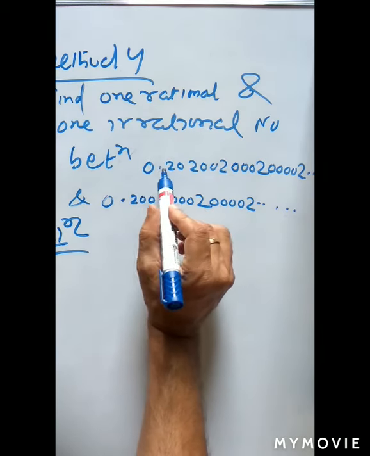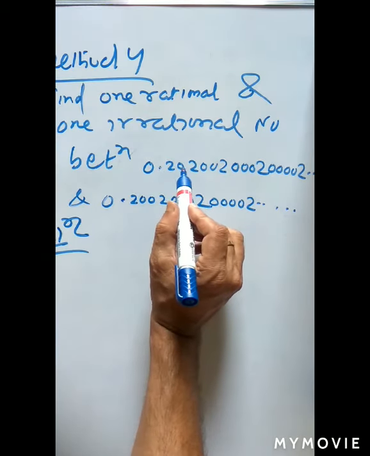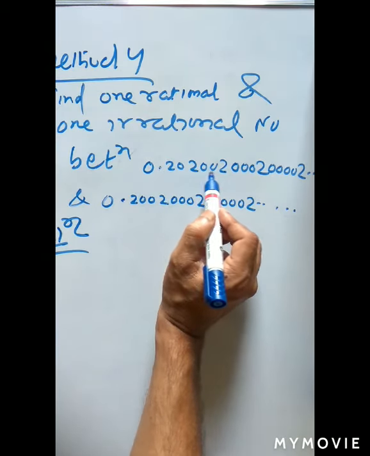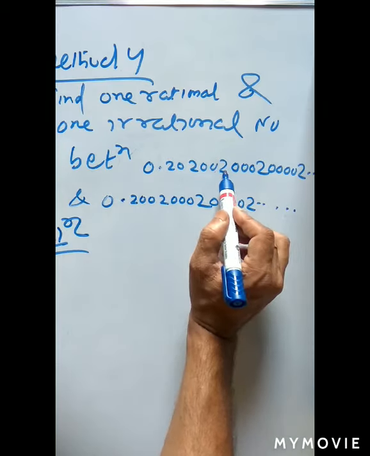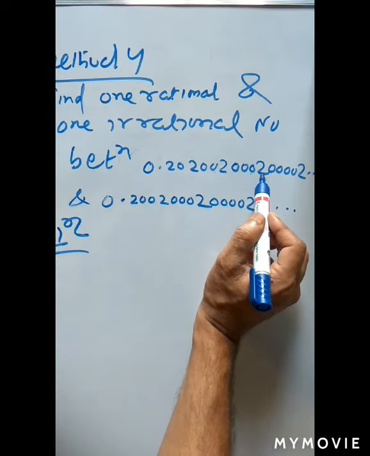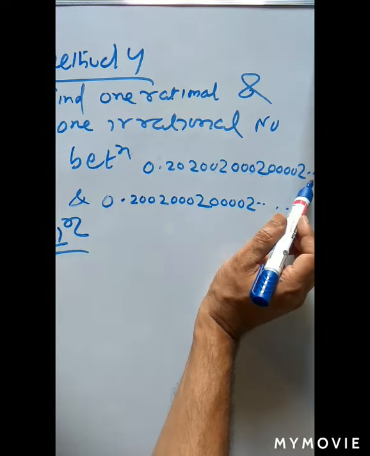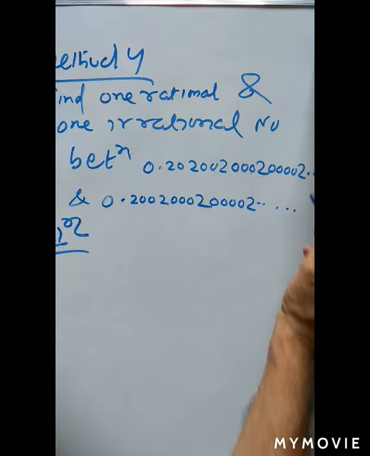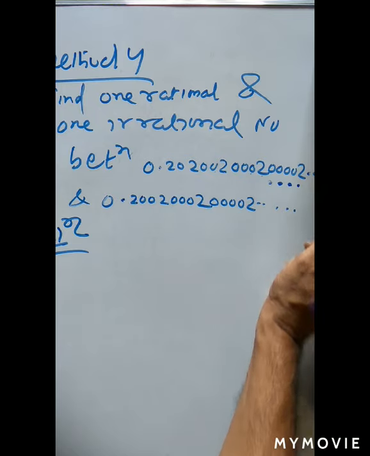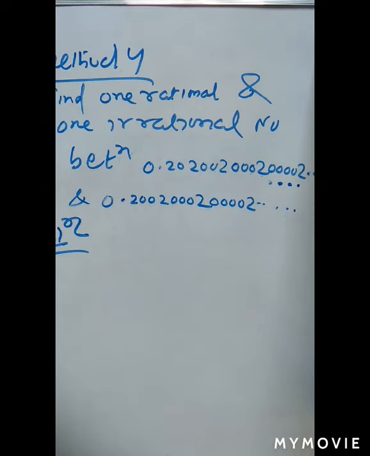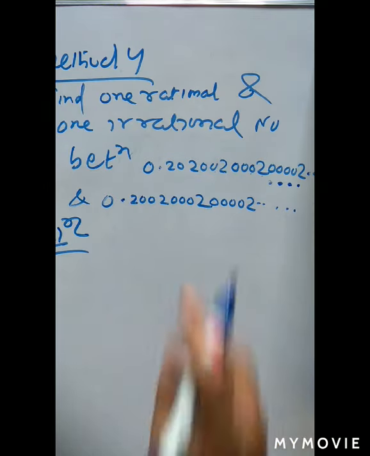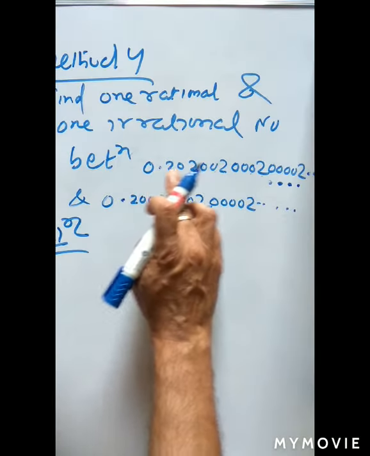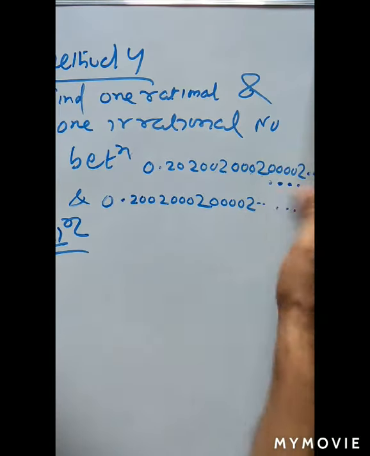But here you see, 0.20, then after 2 there are two zeros, then after 2 there are 3 zeros, then after 2 there are 4 zeros, like this. So it is never ending. It is never ending, so you can say it is non-terminating and non-repeating also. No digit is repeating again and again.